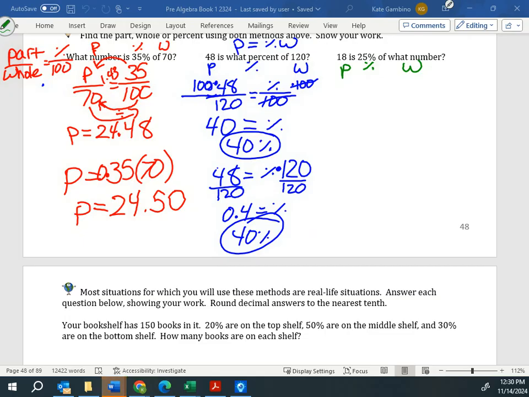Of is kind of that key thing that we're looking for to know that it's talking about the whole. Of what number? That's the big whole number. How would I write that as a proportion? Claire? 18 over W is equal to 25 over 100. How am I going to solve this one?